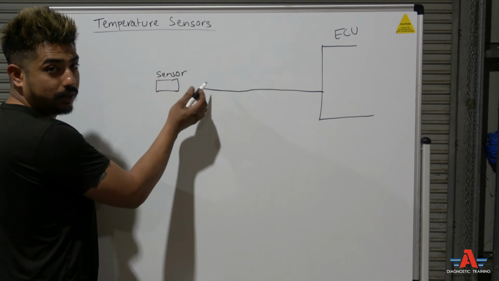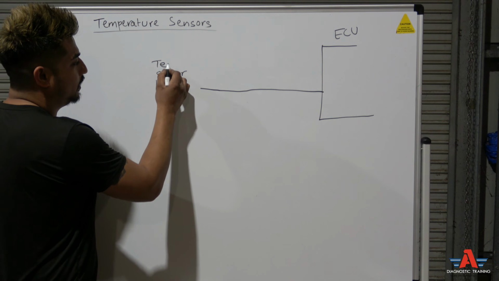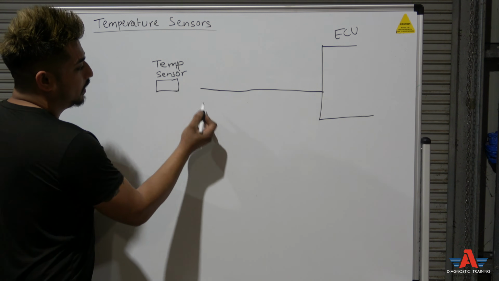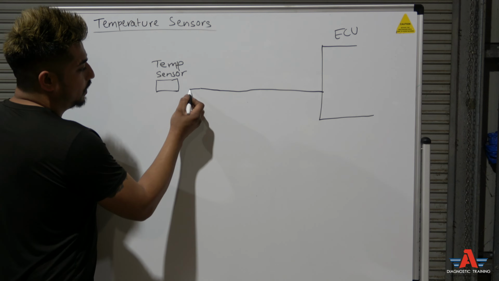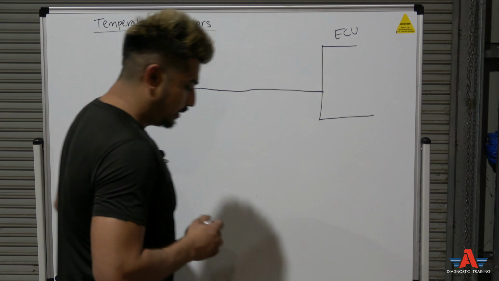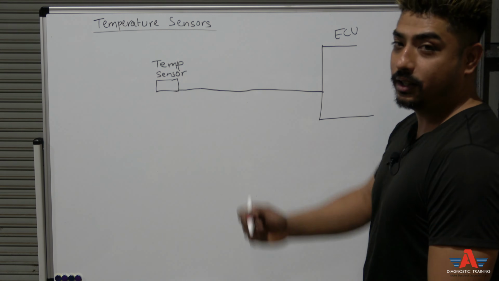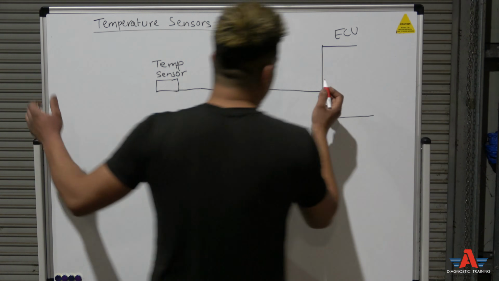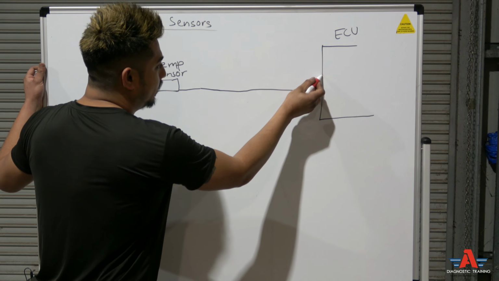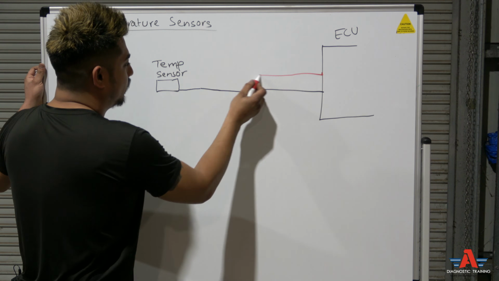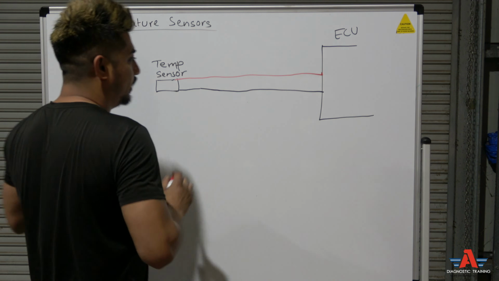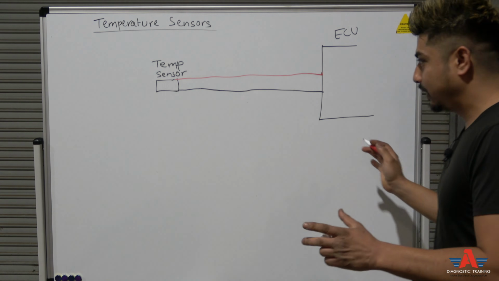Sensor. So this is your temperature sensor, right? TMP, temp. Now it's going to come in to the sensor. Now you're going to have another wire coming out of the control module as well. Same thing, same principle. So let's draw another one right here. So this is the basic.